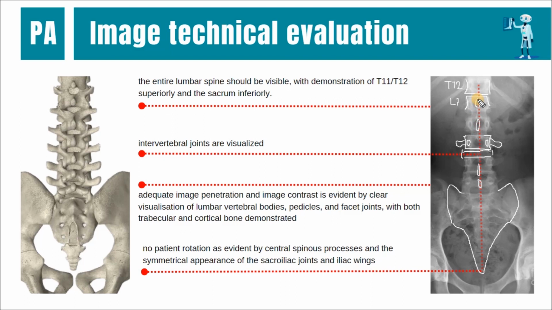But of course, if the patient has scoliosis or other spinal deformities, you may not see the spinous processes like here. The other alternative is to check the sacroiliac joints, which I mentioned here and here, which should be at equal distance from the midline of the spine. You can also check the iliac wings for rotation.